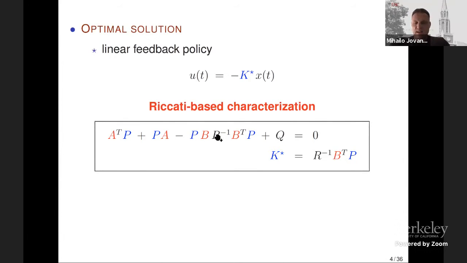Under mild system theoretic conditions, namely well-known controllability and observability requirements, there is a unique positive definite solution to this quadratic equation, which provides optimal stabilizing feedback gain that not only minimizes the quadratic cost for the linear dynamical system, but also provides closed loop stability.